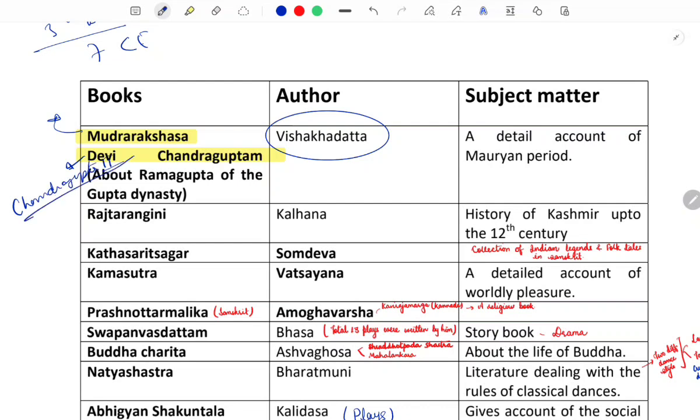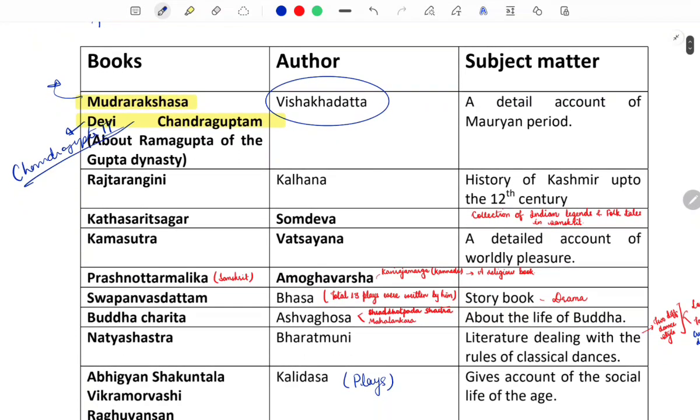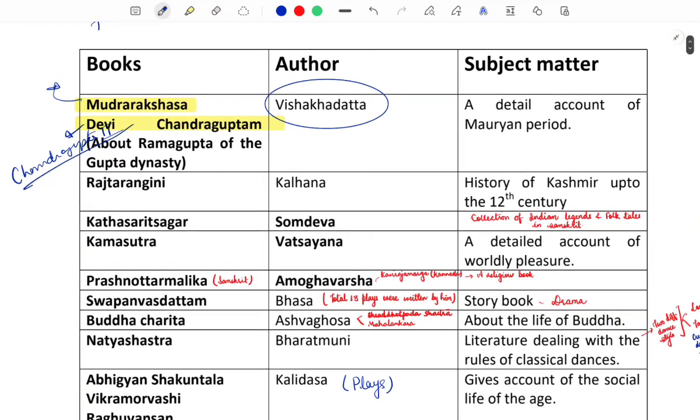So during the Gupta age, there was a story in this book that Chandragupta II was supposed to follow his brother.